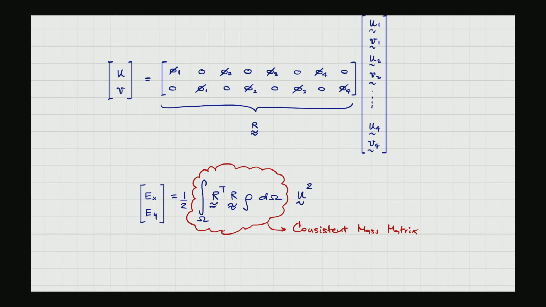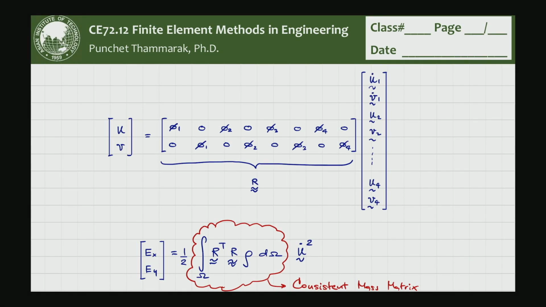Actually, this was supposed to be the velocity. Okay. Using the velocity and the shape function.